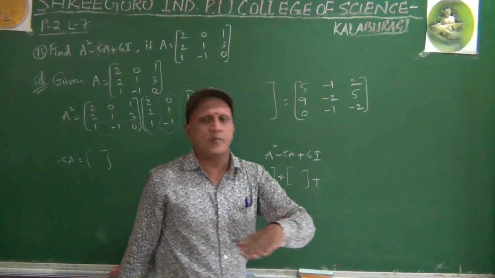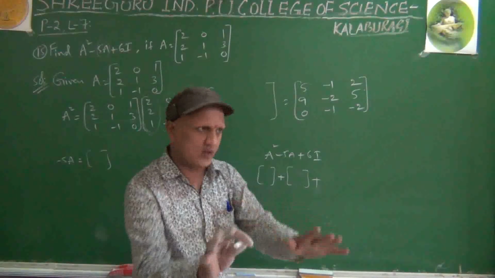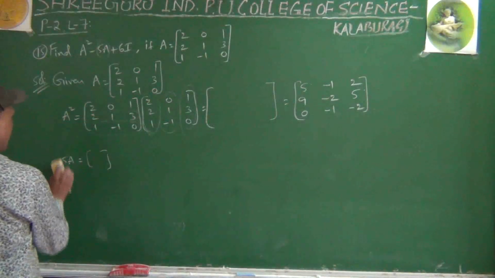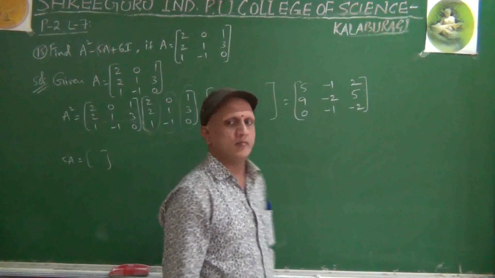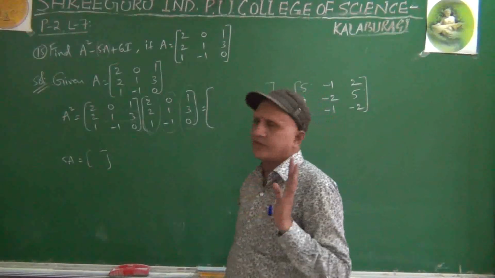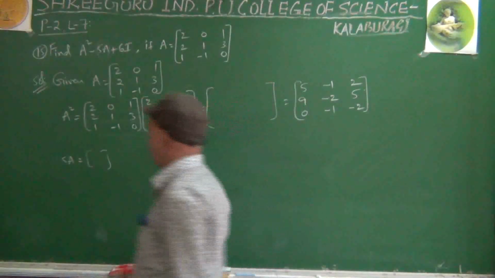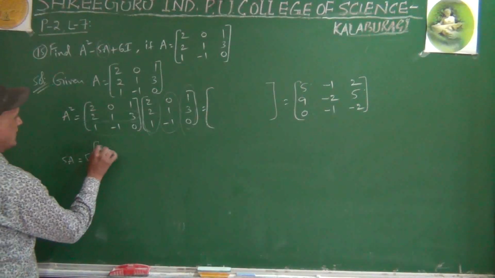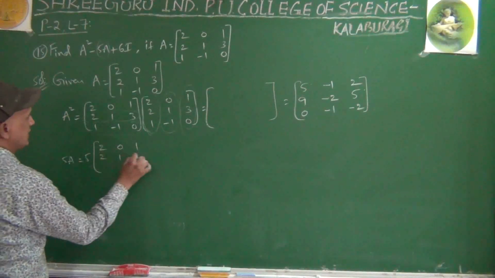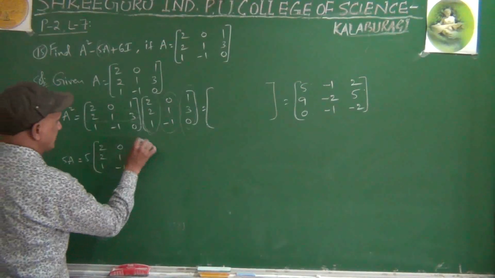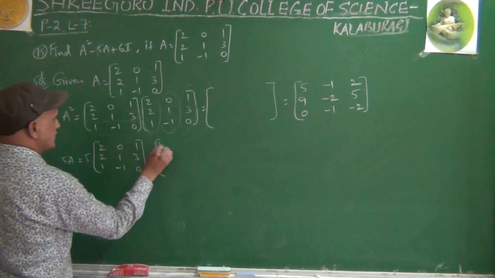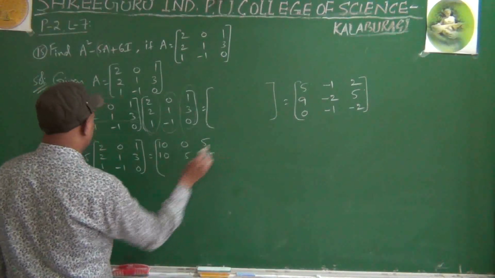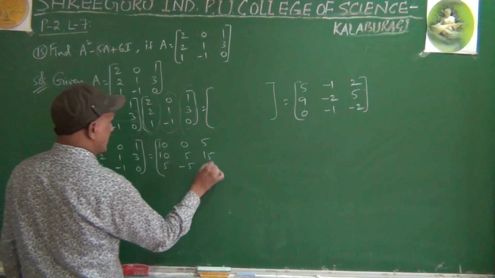Few people cannot understand this concept. That's why what I am suggesting is the simple thing: find out 5A, that's it. 5 into A. What is A? 2, 0, 1, 2, 1, 3, 1 minus 1, 0. 5 2s are 10, 0, 5; 5 2s are 10, 5, 15; 5 minus 5, 0.